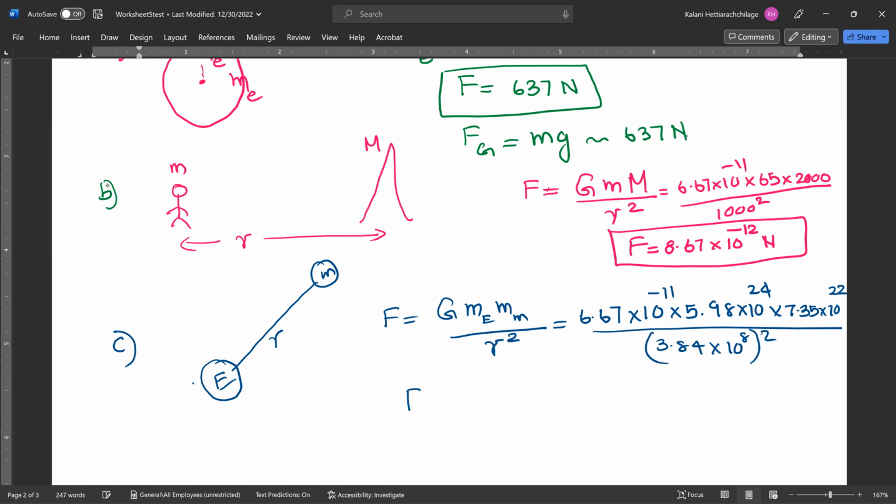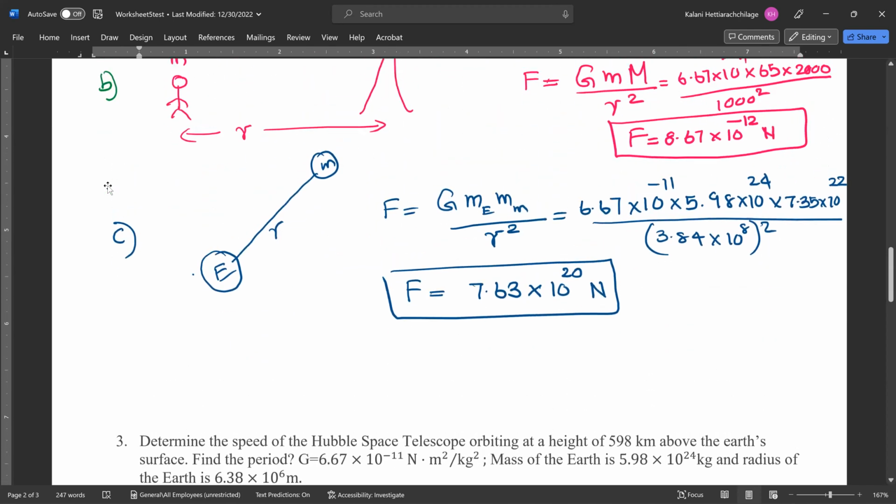After you calculate this force, what I get is 7.63 times 10 to the power 20 newtons. You see that it's a much greater force when you consider the Moon and the Earth, right?